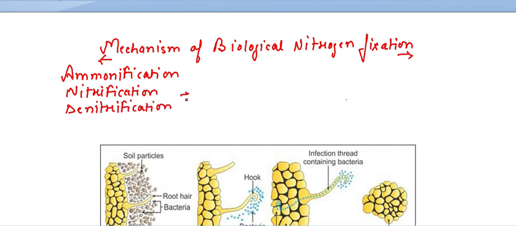We have also seen that various types of prokaryotes are responsible for biological nitrogen fixation. Some are free living, some are aerobes, anaerobes, and symbiotic associations are also present.